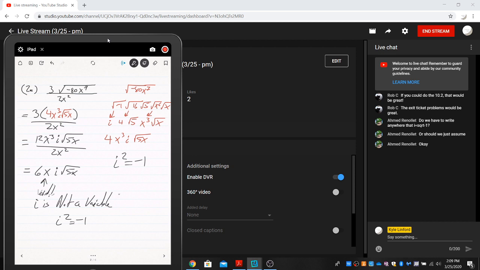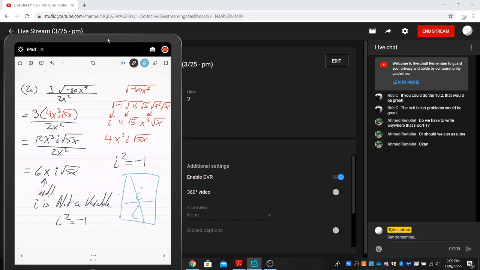And also realize that it behaves a little differently than regular real numbers or variables do. We were going over a problem like this where we see how certain x's cancel out. And the student had asked me, well, what if we had something like i over i? Couldn't we just go and cancel those out?